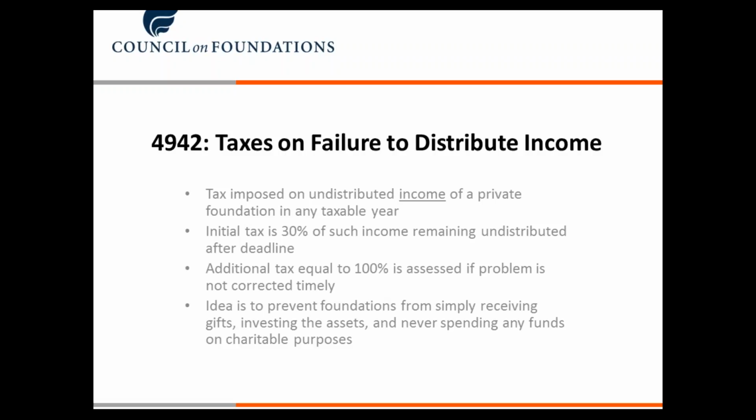There can be an additional tax equal to 100% of that amount if you don't pay the initial tax and correct the undistributed amount timely. The idea behind this is that it's designed to encourage private foundations to make distributions for charitable purposes and to prevent those foundations from simply receiving gifts, investing the assets, and never spending any of the money on charitable purposes.